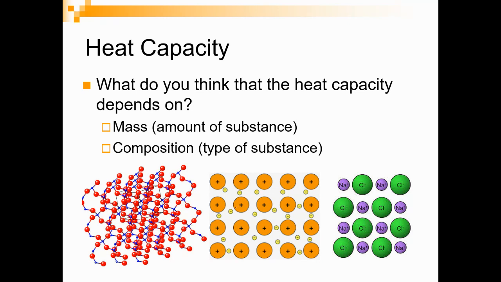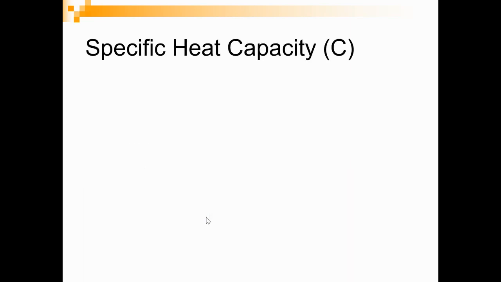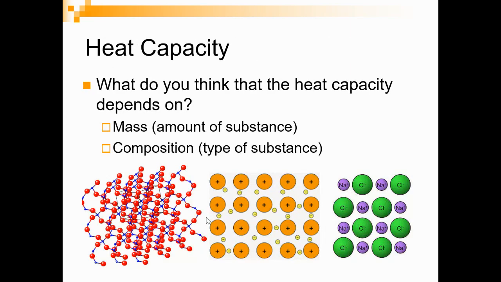So some substances have to absorb a lot of heat before their molecules start moving faster and faster, and some substances gain just a little bit of heat and their molecules or atoms start moving quite a bit faster easily.